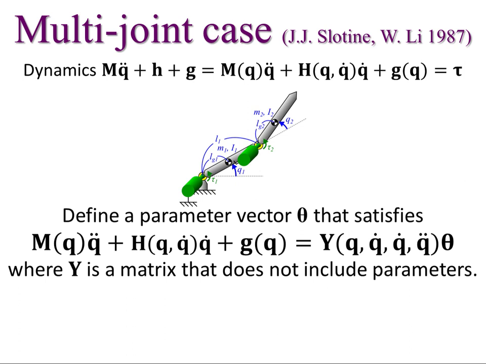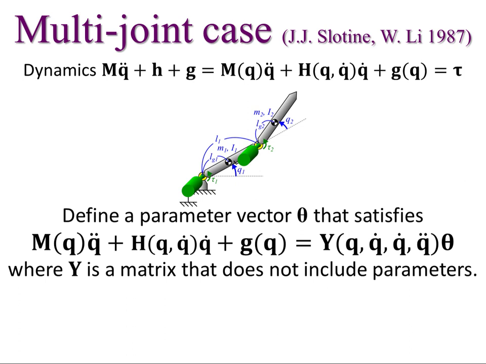The parameter vector theta is, conversely, a vector that depends only on the constant parameters of the robot and does not depend on the joint angle, angular velocity or angular acceleration.